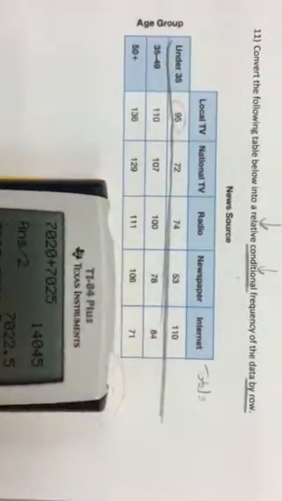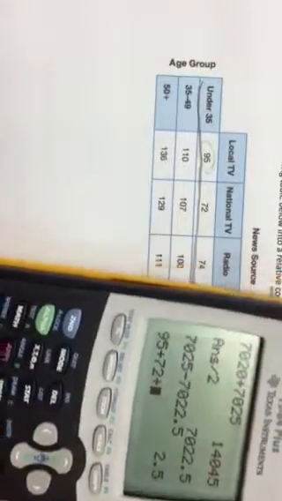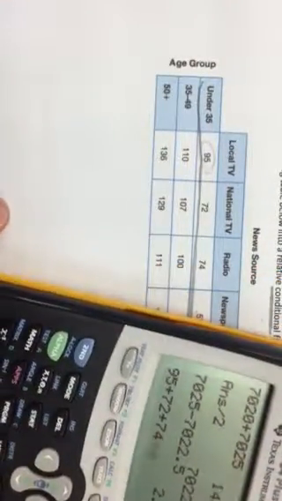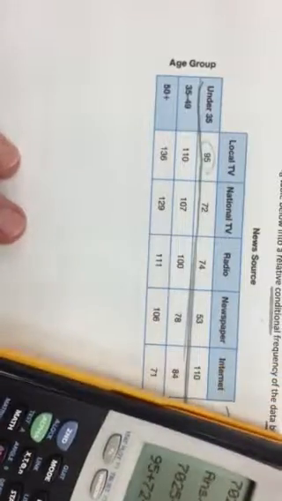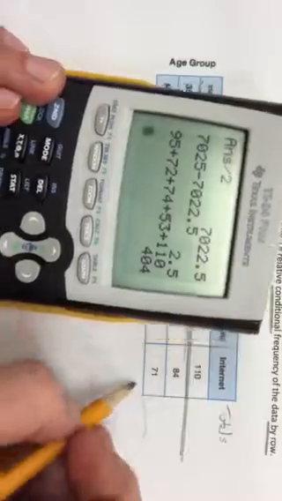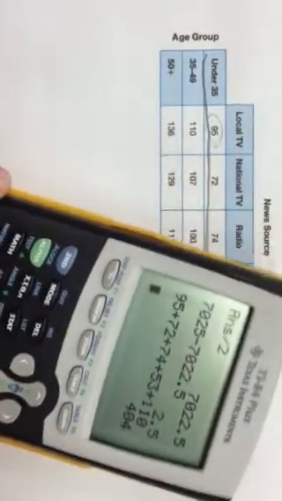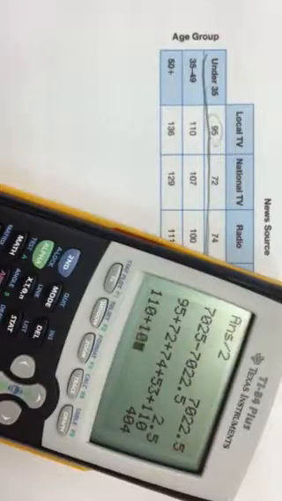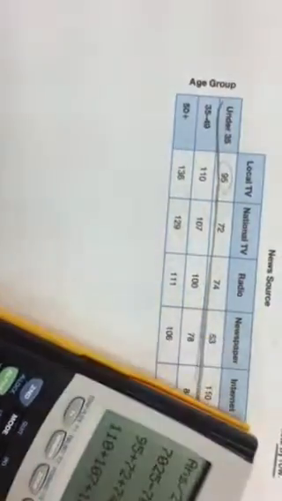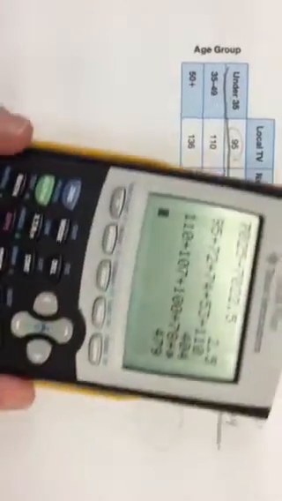So 95 plus 72 plus 74 plus 53 plus 110. So there are 404 people in this survey who are under 35. 110 plus 107 plus 100 plus 78 plus 84.